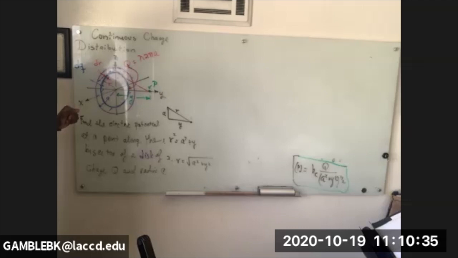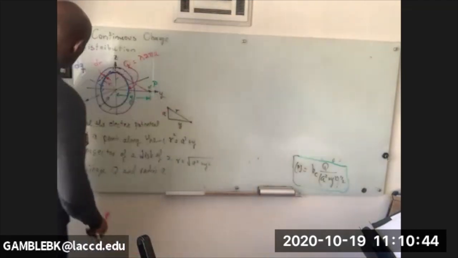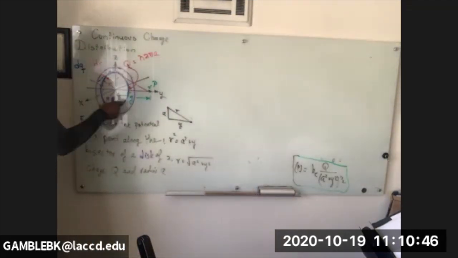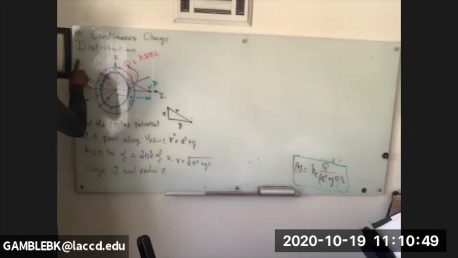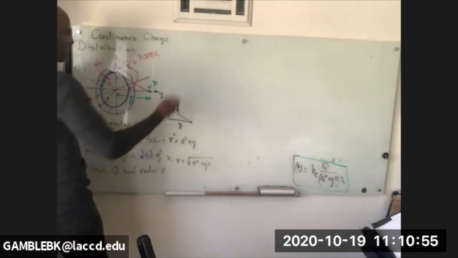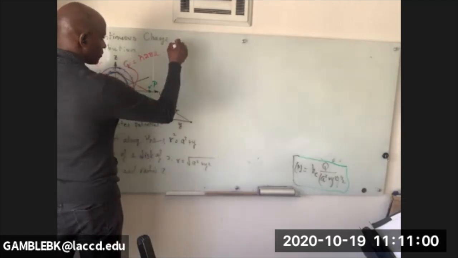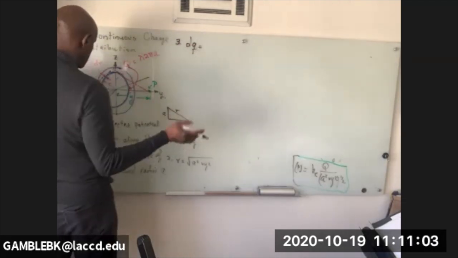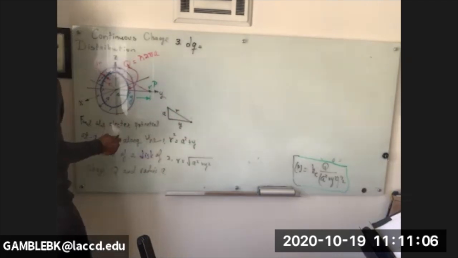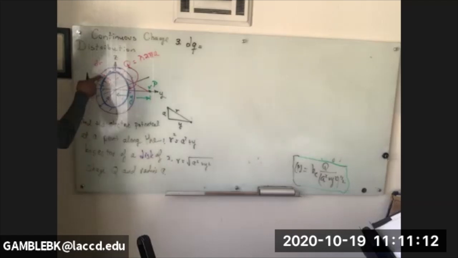But you've got to kind of rework a couple things. So dq is now going to be, you have to use sigma dA, where A is the area of the ring, right? And then I'll let you try to finish it up. So dq now becomes, this R is still the same, that doesn't change, but dq becomes the charge density on that thickness times the area of that thickness.